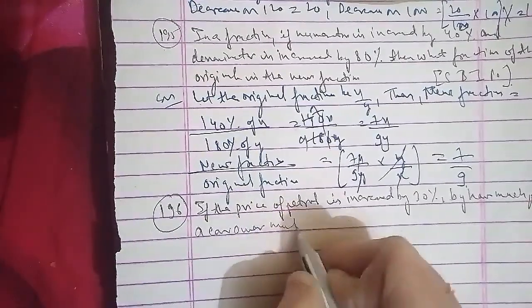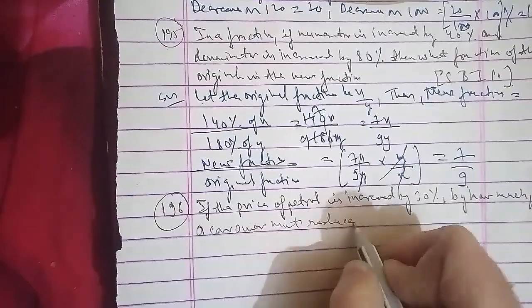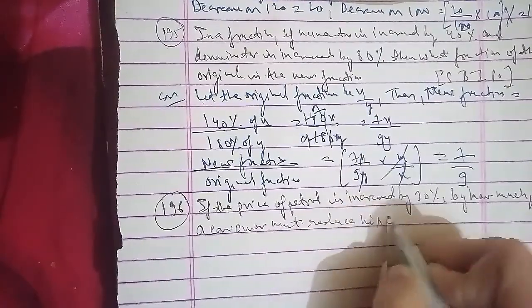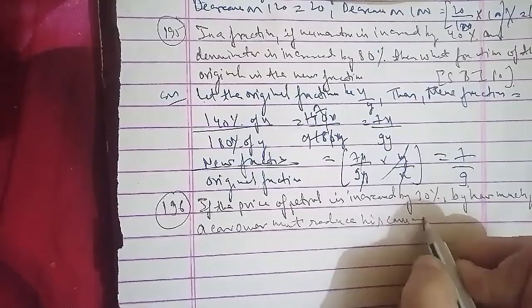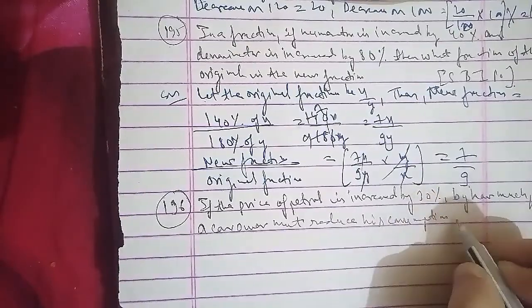For the same, we have your options as well: 21%, 21 1 by 3%, 23 1 by 3%, and 33%. We'll go ahead for the same.